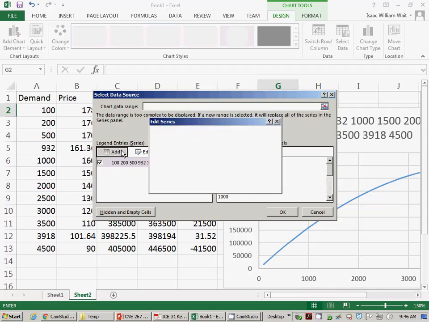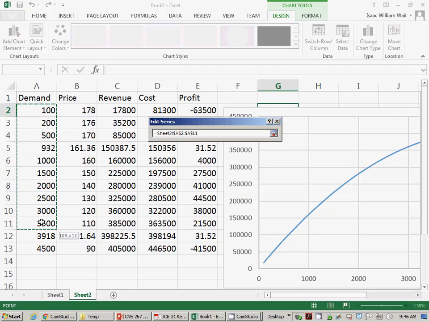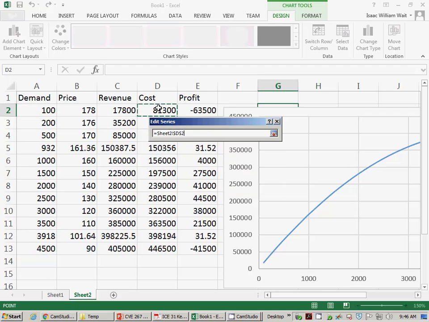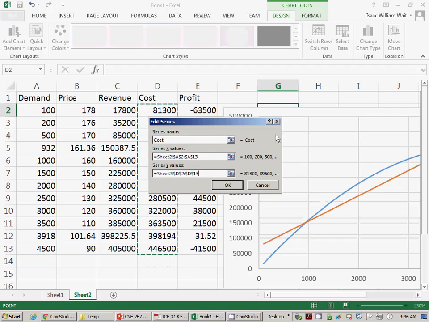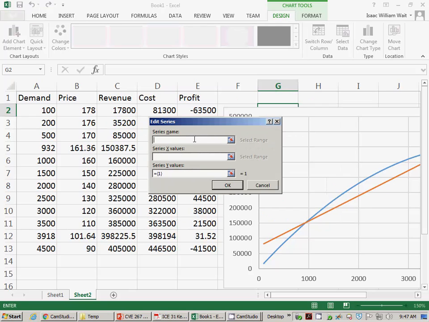And we'll add a cost curve. And then we want to maybe have a profit curve.